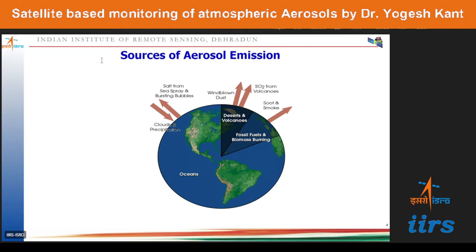Then the anthropogenic sources consist of vehicular emissions, industrial emissions, and cooking activities. If you see the percentages, oceans are large, more than 70%. Hence, the aerosol generated from the oceans, that is the sea salt, is nearly 72%.